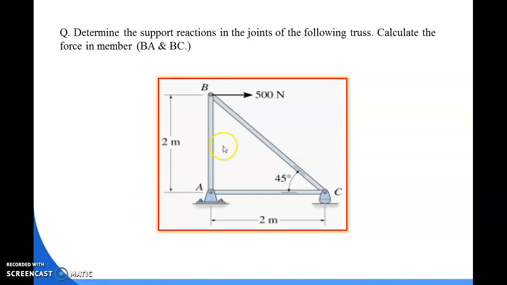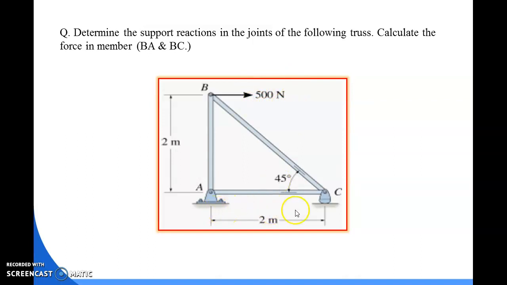So here is your figure. AB, BC and AC are three members which form a truss, in which at joint A a hinge support is provided and at joint C a roller support is provided, and at joint B a horizontal force of 500 Newton is applied.